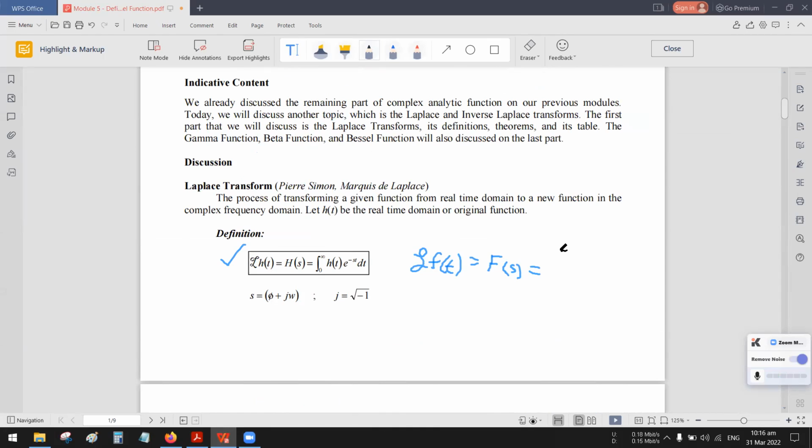This integral, pag master nyo yung integral, so no need to worry on Laplace transform. Pero pag hindi, review nyo yung integral. So this is just the same. Pinalitan lang yung h ng f. And so still negative st dt. Ayan. So pareho lang.